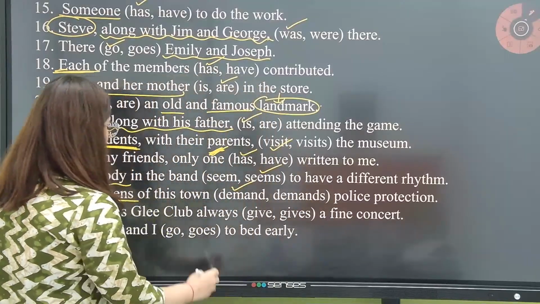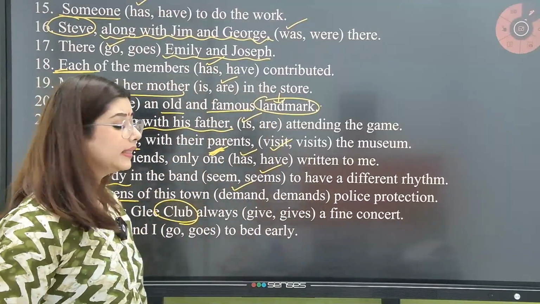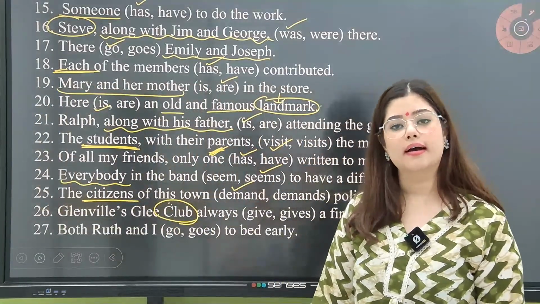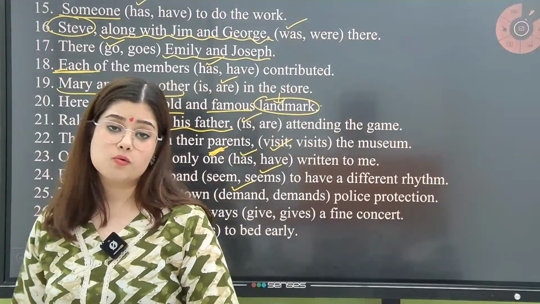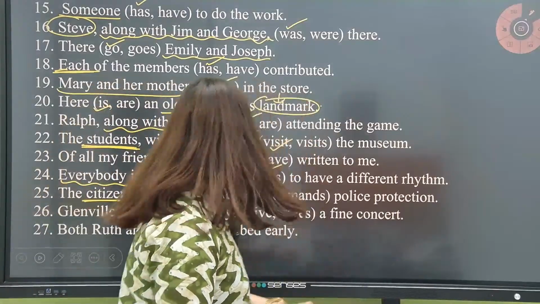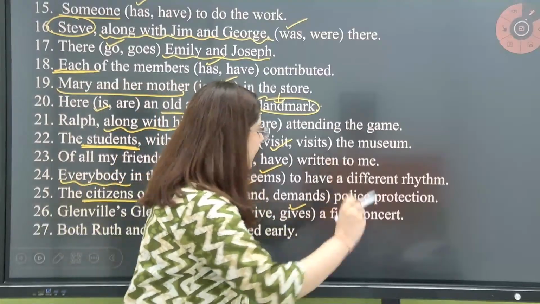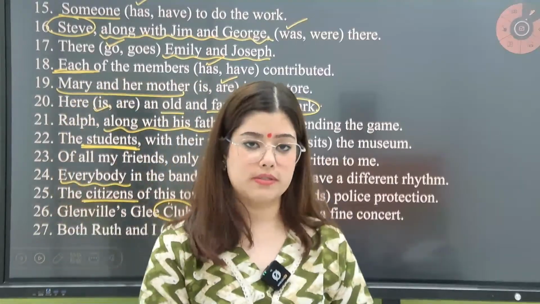Glenville's Glee Club, collective noun. This is a collective noun. Collective nouns take up a singular verb form. Glenville's Glee Club always gives a fine concert.